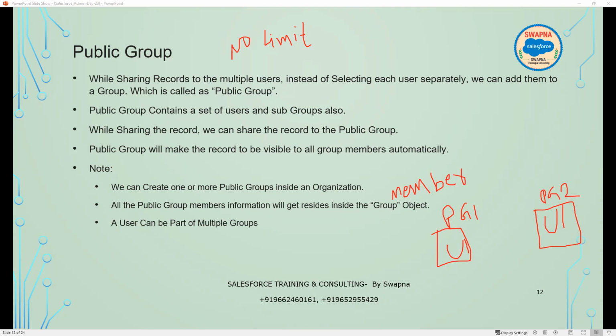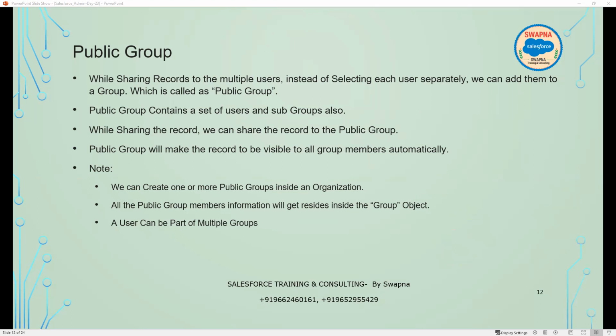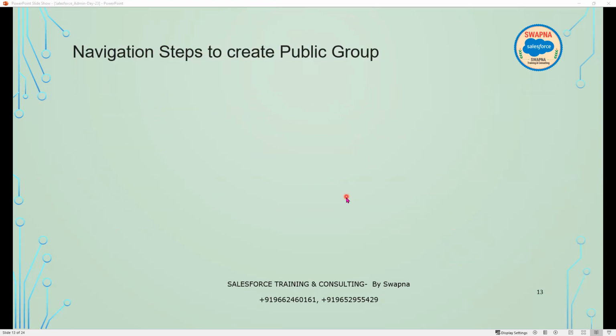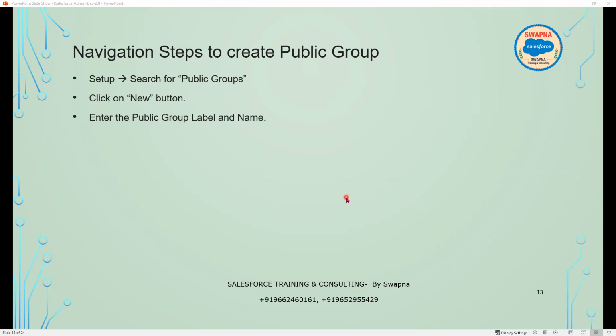Okay. Now let's see the navigation steps to create a public group. Navigation steps are: set up, search for public group, click on the new button and enter the public group label and the name.